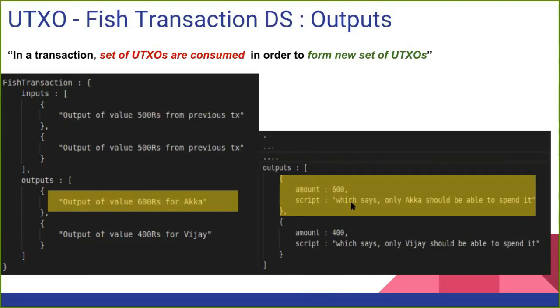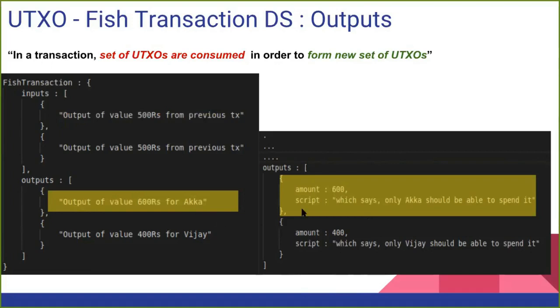So there has to be a way which says that only Akka should be able to spend. We all know that all the transactions are on the public blockchain, so everybody is able to see that. But not everybody should be able to spend this 600, right? Only Akka should be able to spend the 600.